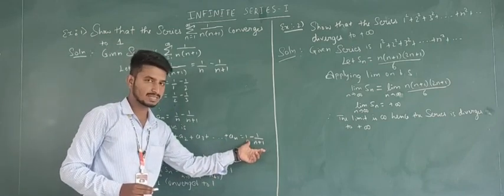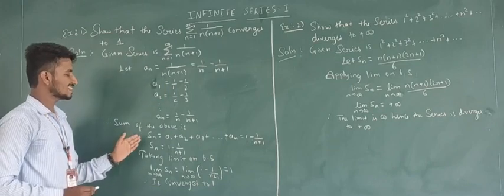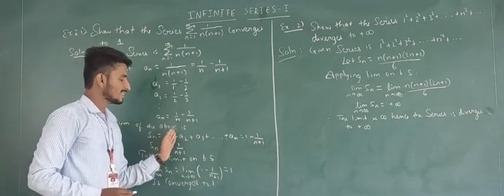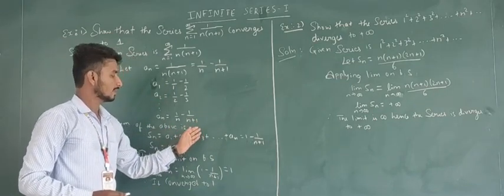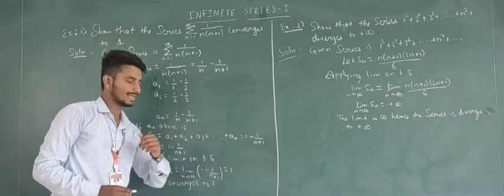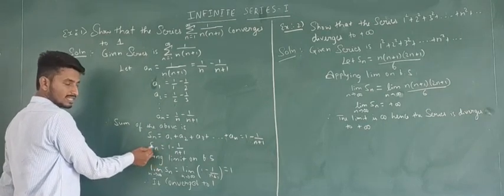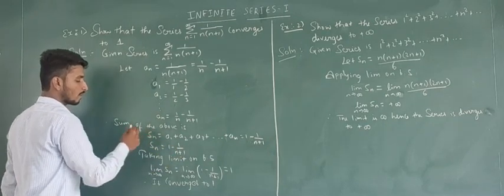So this is the partial sum: Sn equals 1 minus 1 divided by n plus 1.